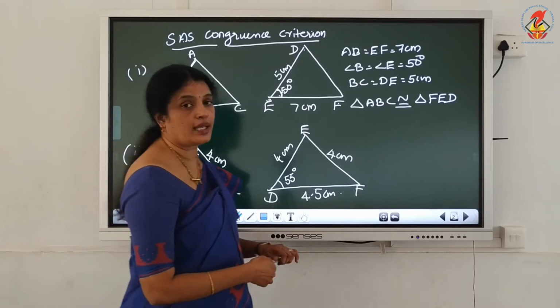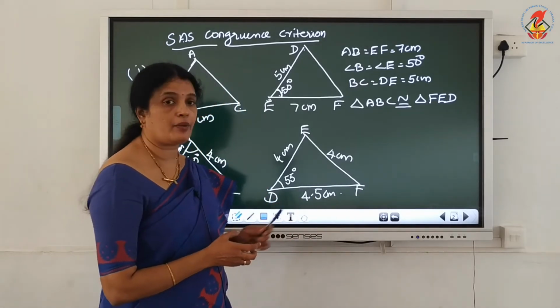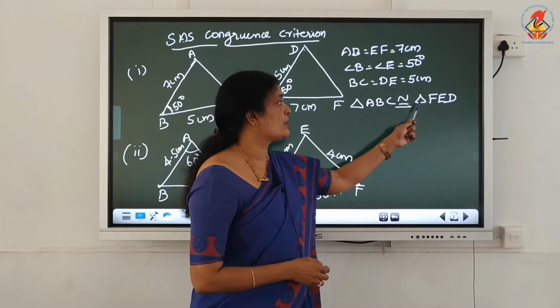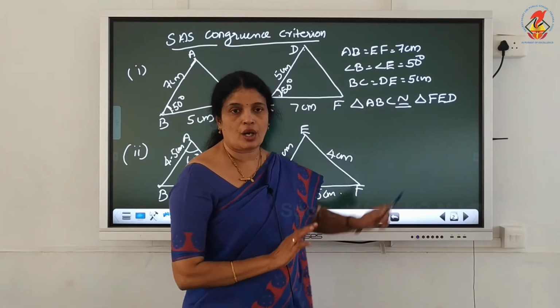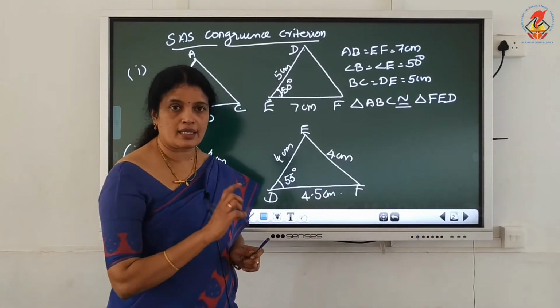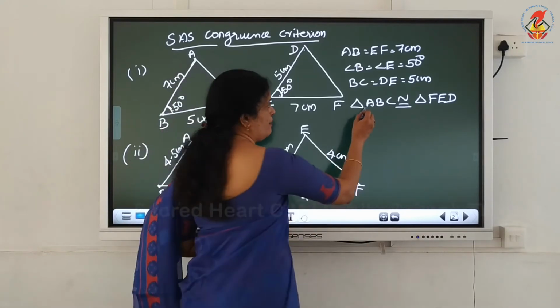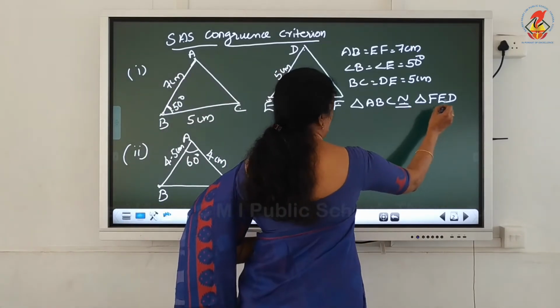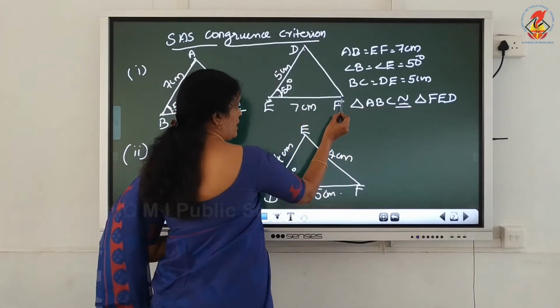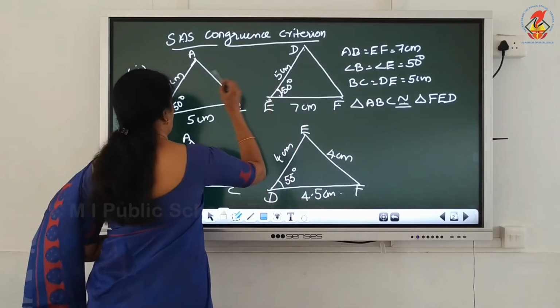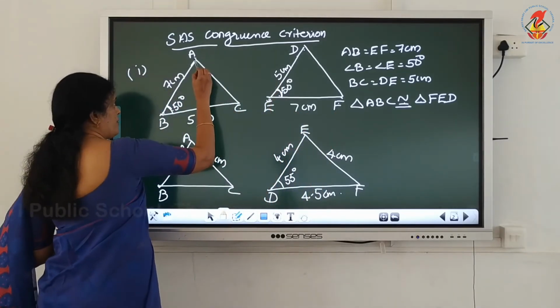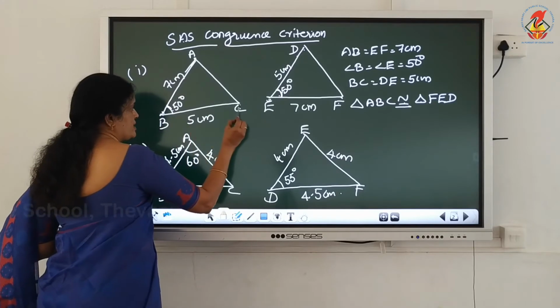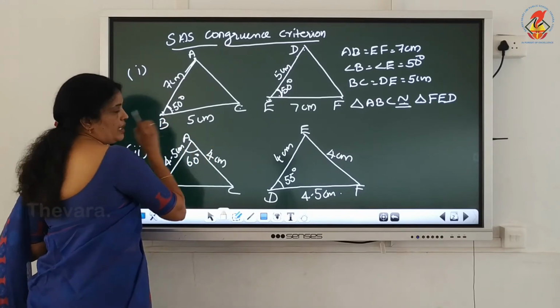How can you write the symbolic form? Triangle ABC congruent to triangle FED, not DEF. Should write in the proper way. Triangle ABC congruent to triangle FED, because you should start from F. Here ABC means 7 centimeter you cover it, next 5 centimeter, in between 50 degree also there.